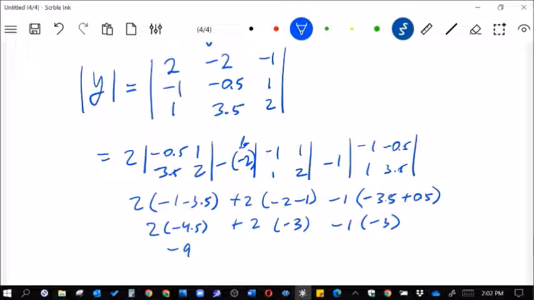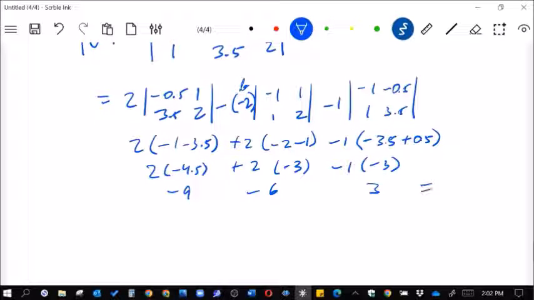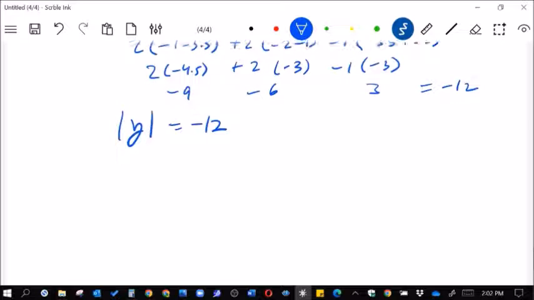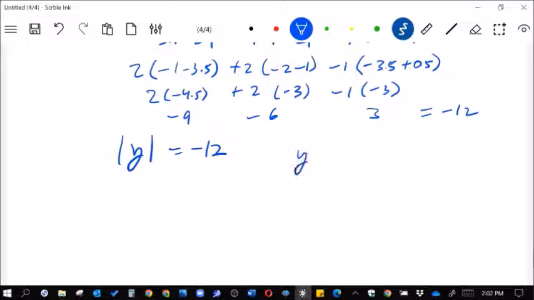So we get -9, -6, and 3, which comes to -12. So the y determinant is -12. That means now if I do for y, that's equal to the y determinant over the c determinant. So it's -12 over 12, which is -1.